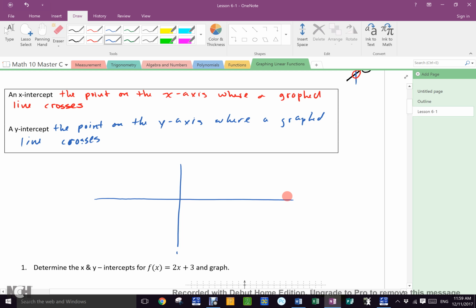Put your dot anywhere. Everybody made a dot? Excellent. I'm going to make my dot red to go with the fact that I wrote the x-intercept in red. Is everybody cool with that?